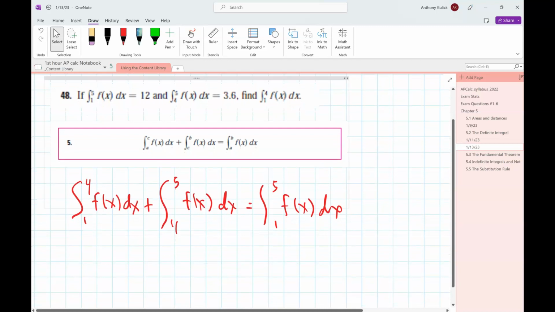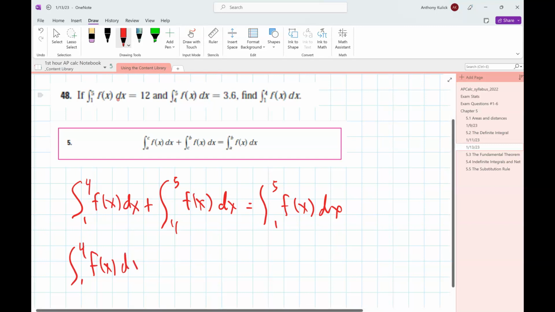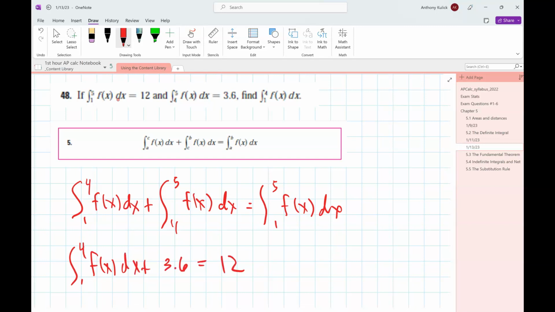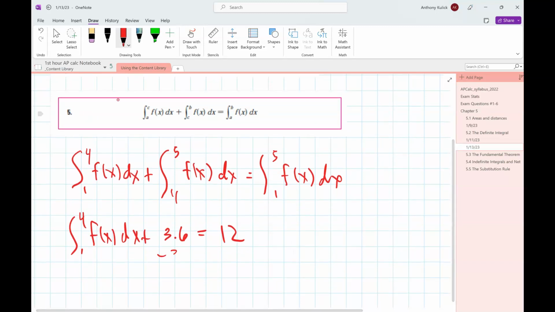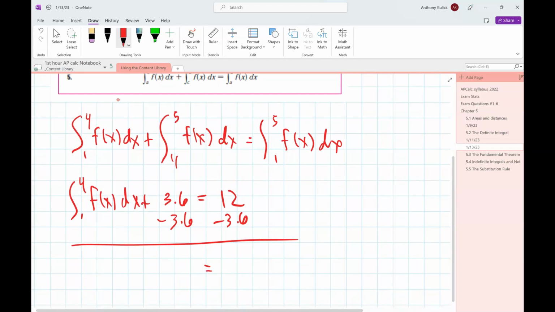So I can say that the integral from 1 to 4 of f of x dx plus 3.6 is equal to 12. And if I just subtract the 3.6, what do we get? We get 8.4 or something. And we're done.